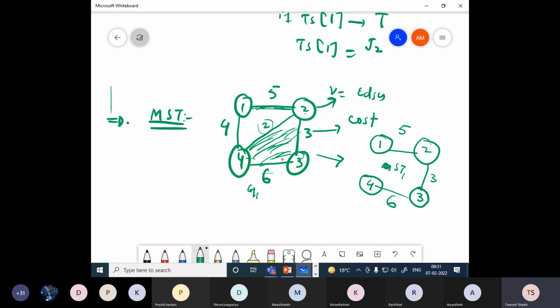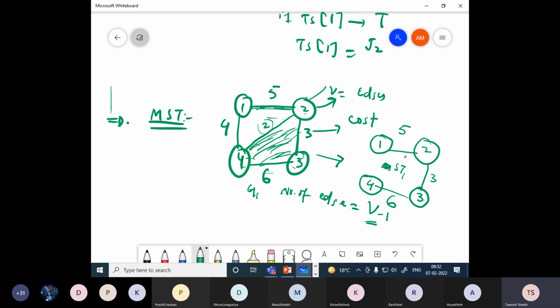Spanning tree means that every vertex in the original graph should be present in this subgraph also. There are 4 vertices here, and 4 vertices there. But there should be no closed path in the spanning tree. It's not closed like it was here. And the third point is that the number of edges in a spanning tree should be equal to v minus 1, where v is the total number of vertices in the original graph, which is 4.